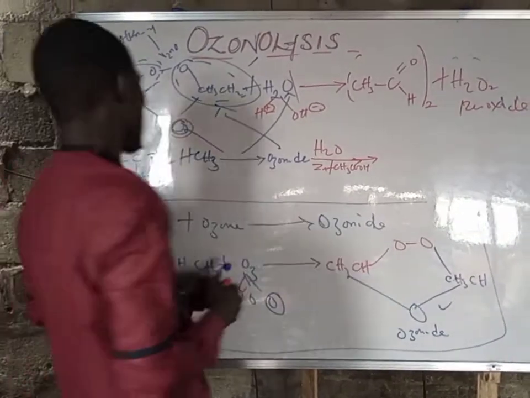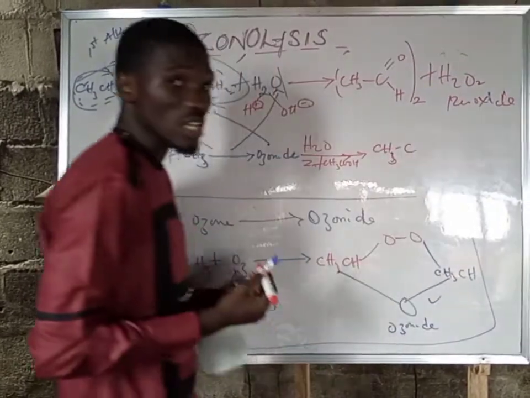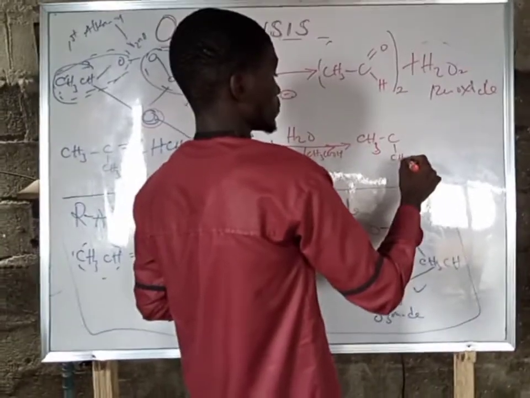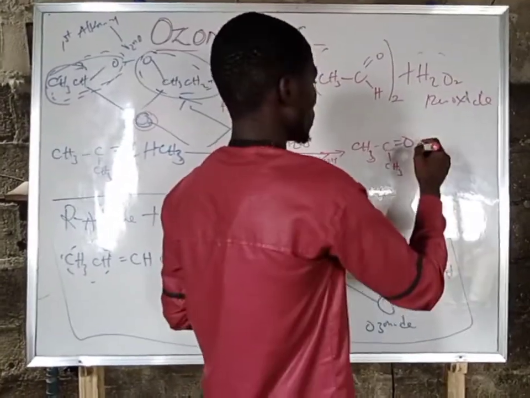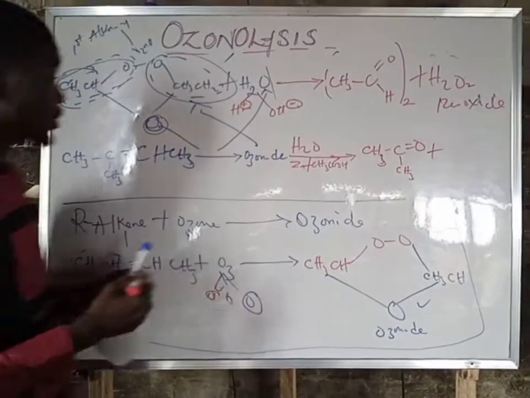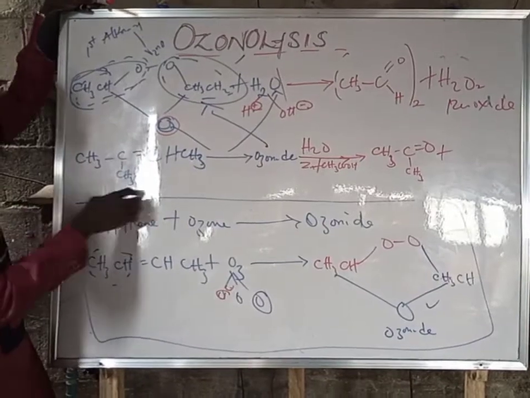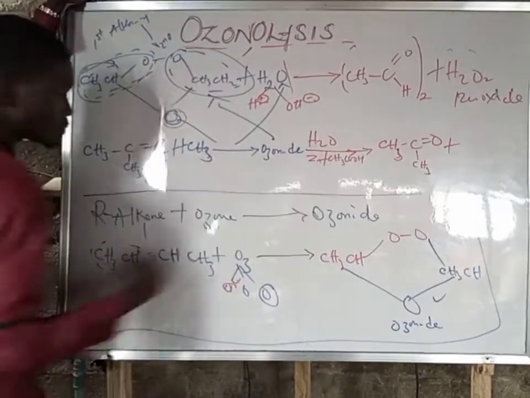So with that I can say that I have CH3 C double bond, plus, you can see it now. From that ozonide, I pick this one here to react with one of these oxygen to give us a ketone.